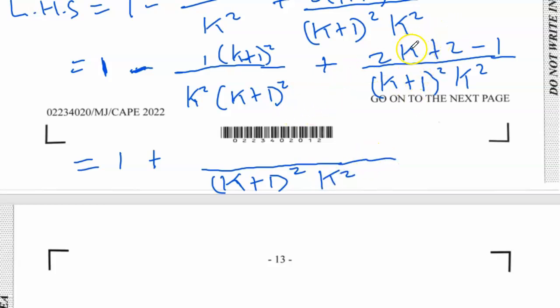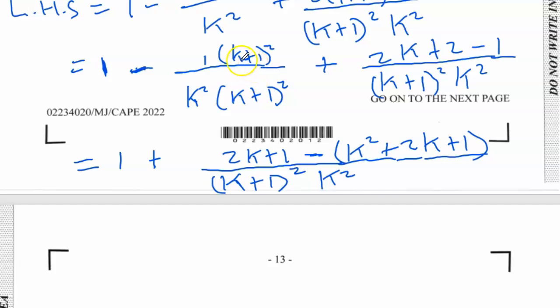I'm going to put the positive terms at the front here. So this will be equal to what? 2k plus 1, minus, and then what I have here is (k plus 1) square. What's (k plus 1) square? (k plus 1) square is actually k square plus 2k plus 1.